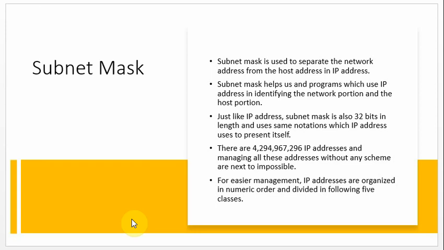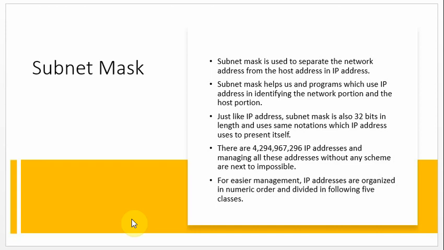So a subnet mask is used to separate IP addresses for devices within the organization from the main public IP address. And the subnet mask also makes it easier for traffic to be directed to the correct devices, or for resources to be allocated on the network to the correct devices.